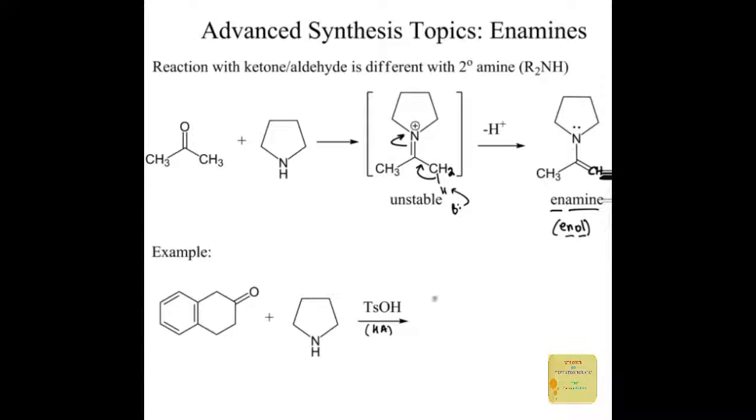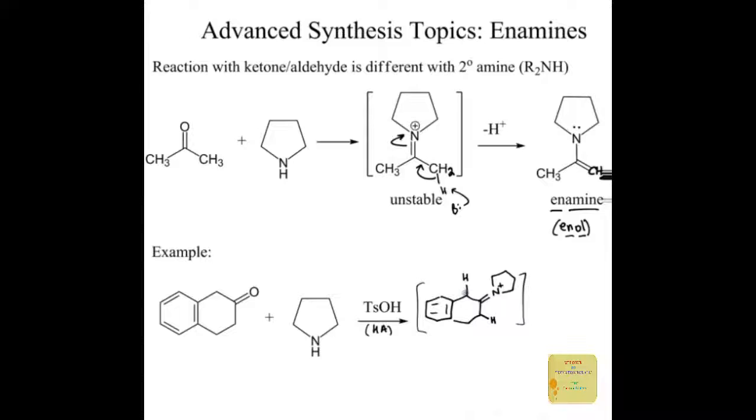What's going to happen is we're going to replace the C=O double bond with a C=N double bond. But that's not going to be our final product. We can't stop there. We need to neutralize this. But this is a case where we should think about which of these alpha protons would be better to deprotonate.